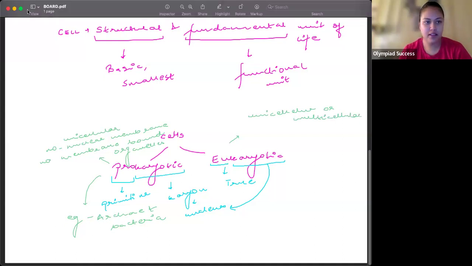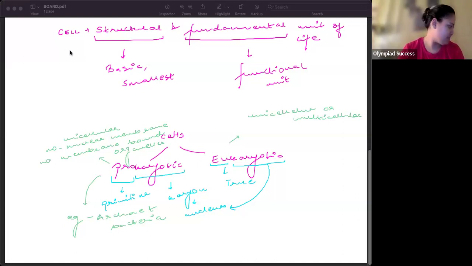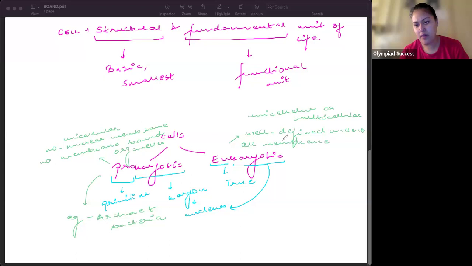They have a well-defined nucleus. And they have all the membrane-bound organelles present.